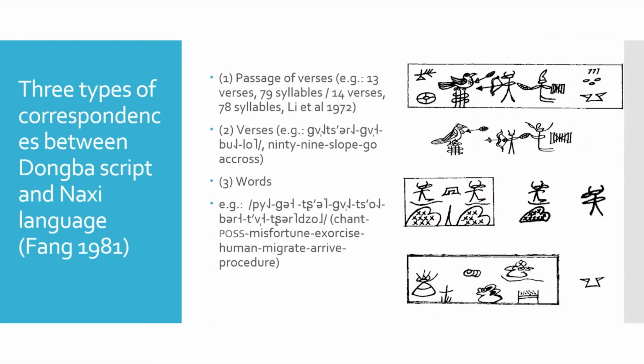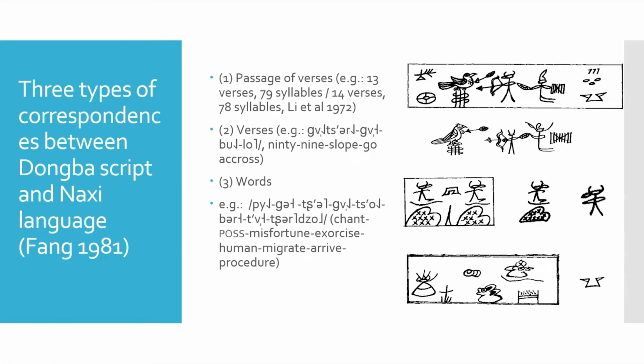As analyzed by Feng Guoyu in his work, there are three types of correspondences between Dongba script and the Naxi language. The first type is that a group of glyphs corresponds to a passage of verses, as shown in this grid.